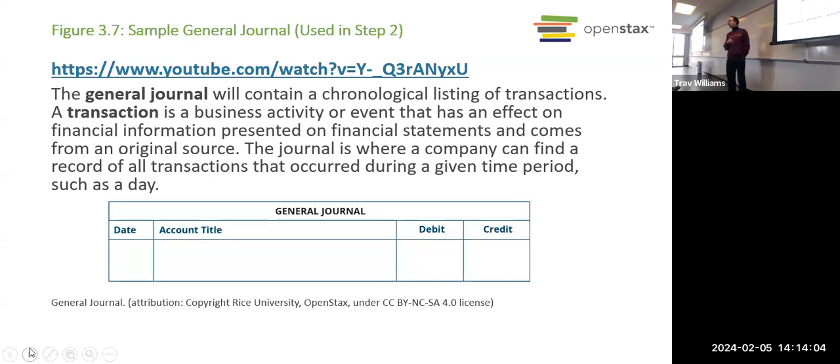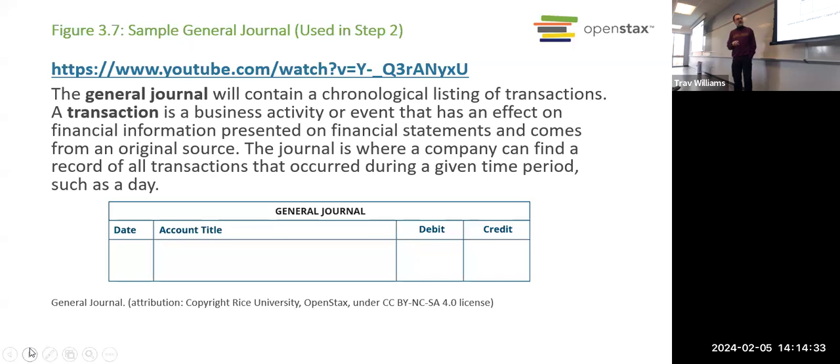You record the accounts that were involved, and there will always be at least 2 accounts involved in every transaction. You record how much gets debited to the account that's getting the debit, and how much is getting credited to the account that's getting the credit. That's it. Well, you might also put a note explaining what the transaction was, but that's all.